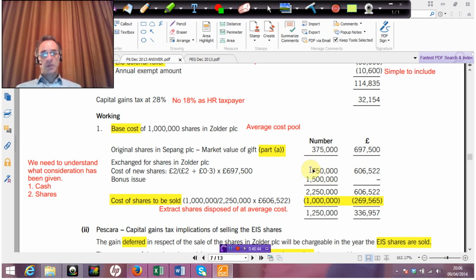So there's the number sorted out. And in relation to this 606 here, in effect the disposal relevant to the 0.3 brings this down. It's as if a disposal took place because she received 30p for each share in Zapang. So the new cost must be less.